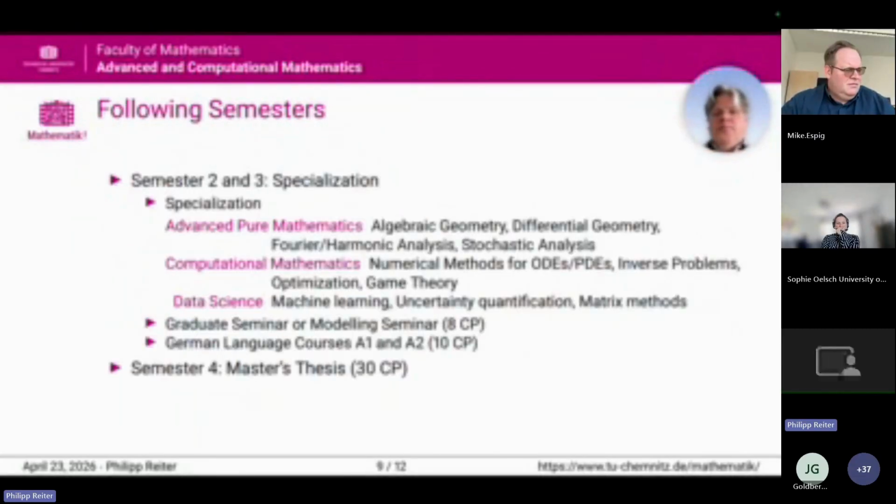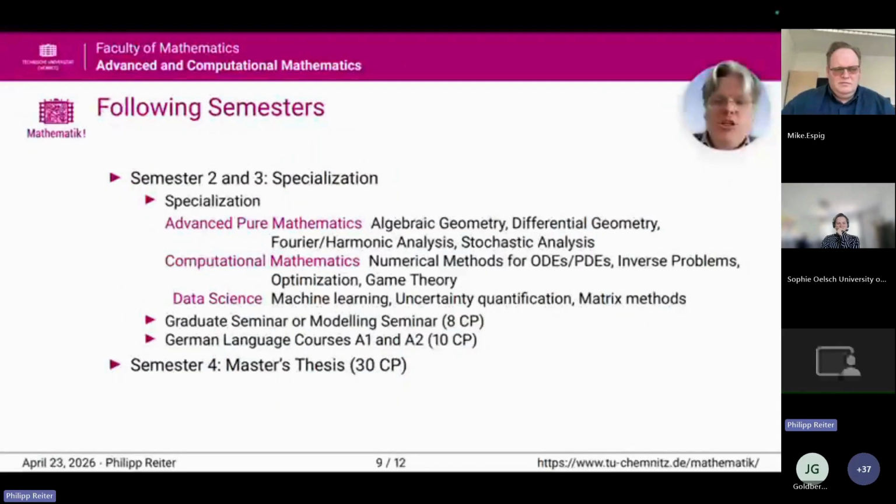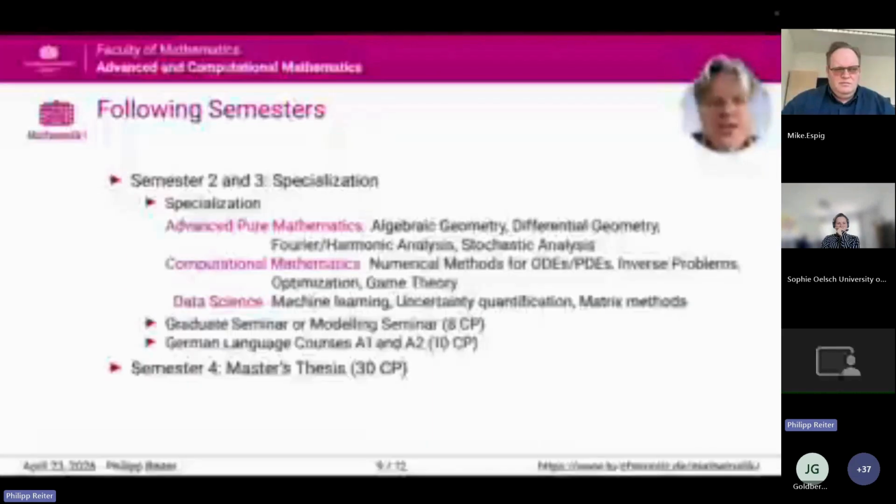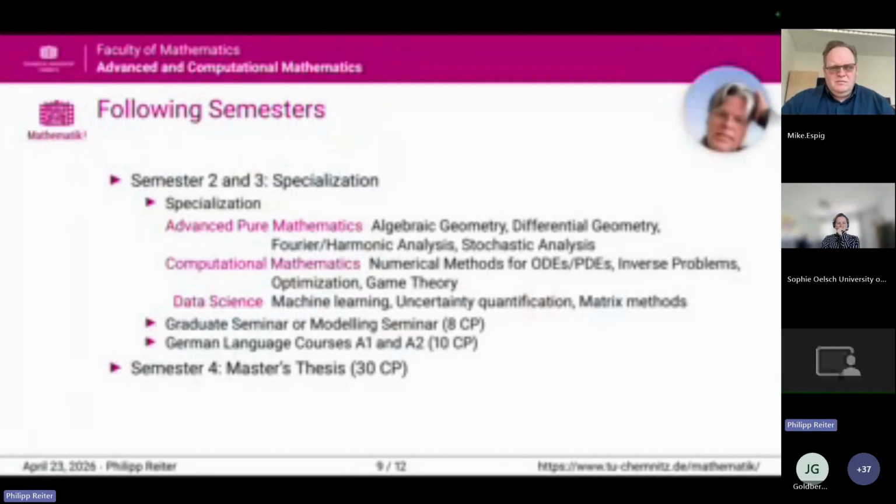And then in the 2nd and 3rd semester, you really specialize. So for instance, if you choose the specialization option data science, then you attend classes on machine learning, uncertainty quantification, or matrix methods. There's also a graduate seminar on modeling, and then you have the opportunity to attend language classes.